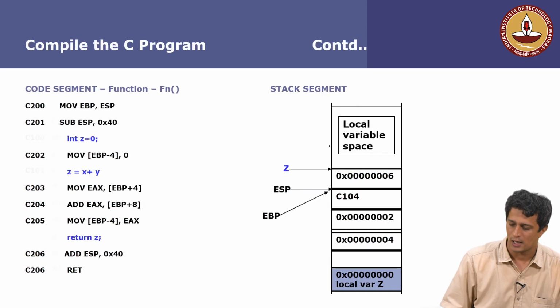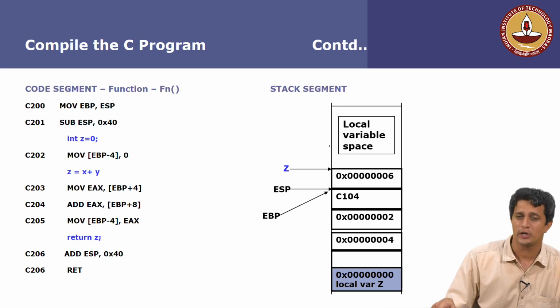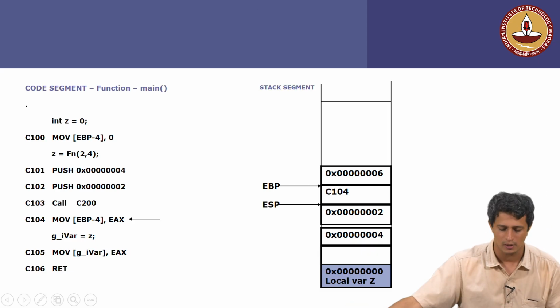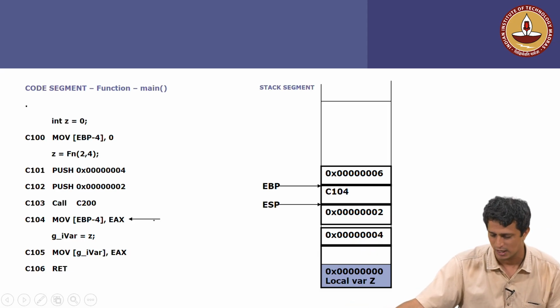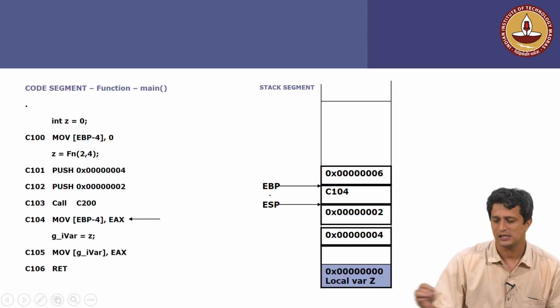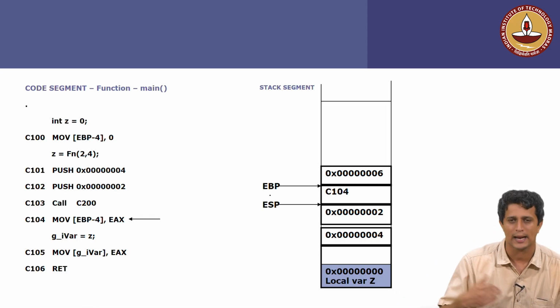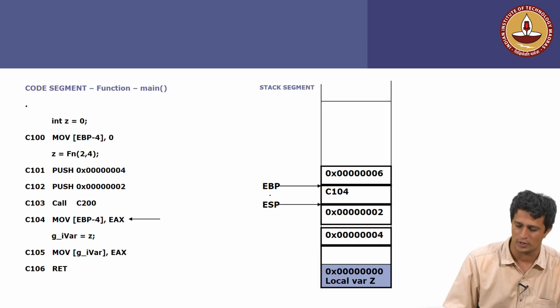Remember that my stack pointer is now pointing to the data which is C104. So when you do a return, the top of stack is now popped into the instruction pointer which is C104 as indicated by this arrow, and the stack pointer is now incremented to come back to the original location, okay.